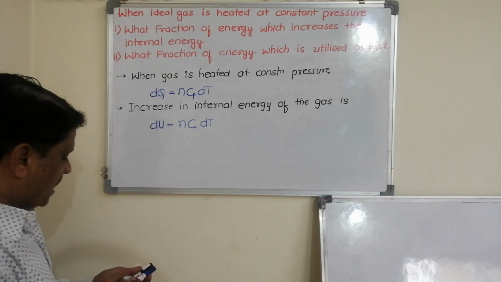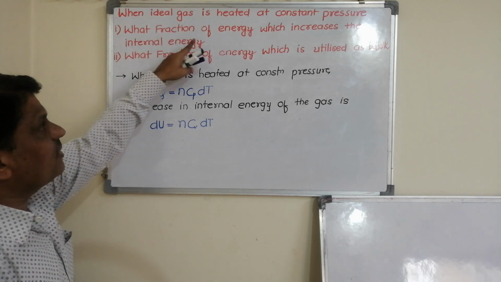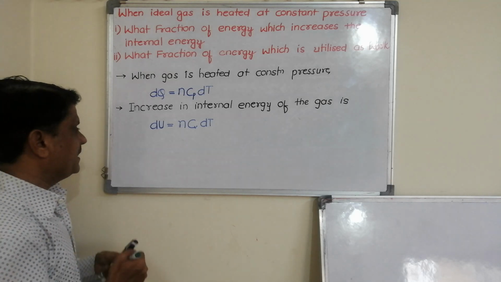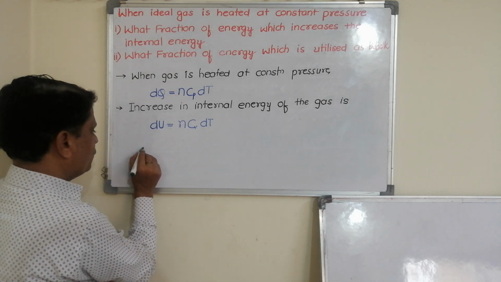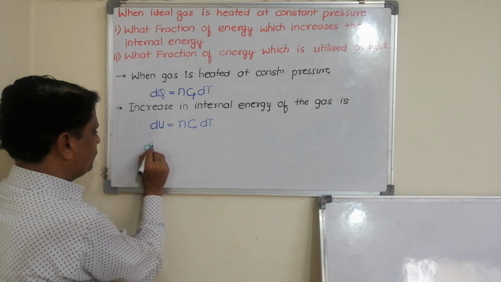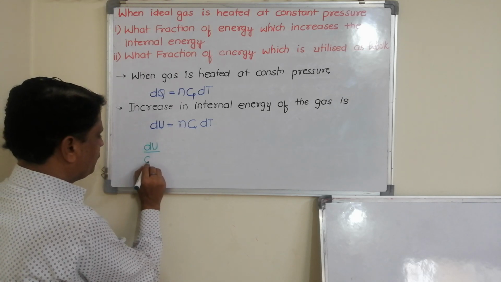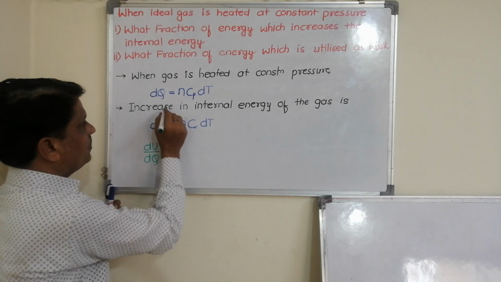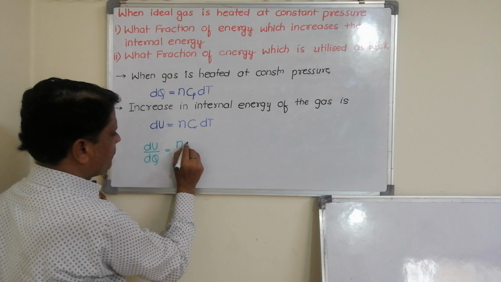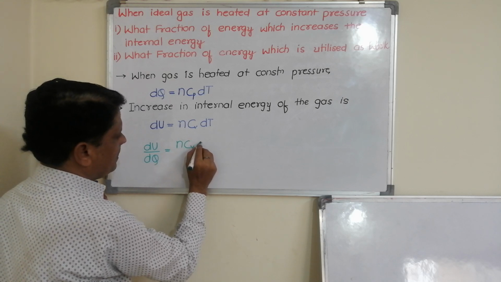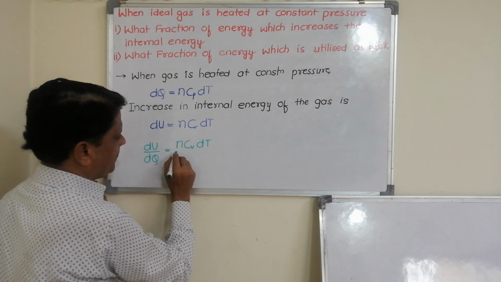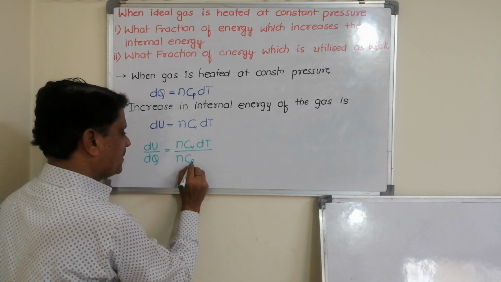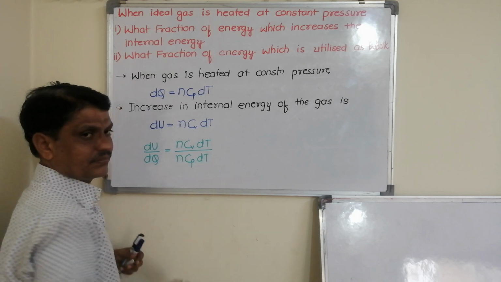Next, today we have to study the fraction of energy which increases the internal energy. That is, we want dU by dQ. As we know, dU is nothing but n Cv dT, and dQ is n Cp dT.